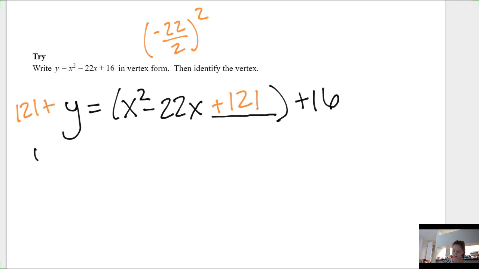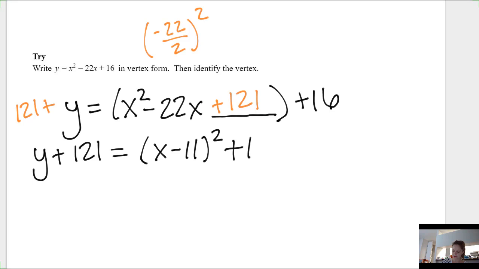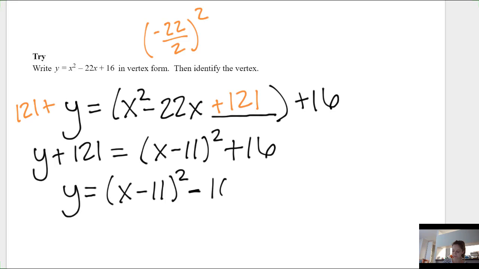You rewrite y plus 121 equals (x minus 11) squared plus 16. Subtract 121 from both sides and I get (x minus 11) squared minus 105. Therefore, the vertex here is (11, negative 105).